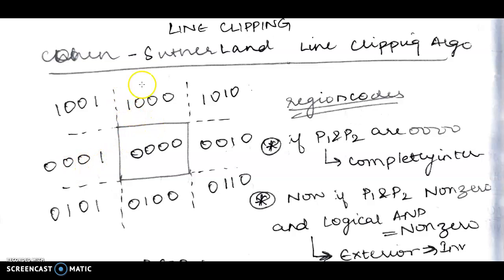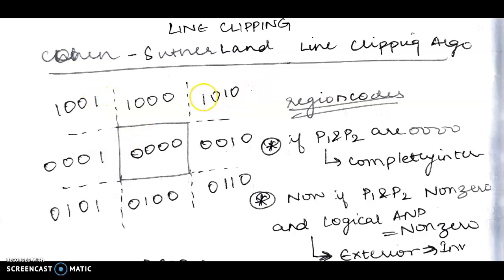So you can consider these as 4-bit codes, which you would have studied in 12th standard. And you should also consider whatever is in the corners. Suppose you take this region, it is in the top left-hand side. So you will take it as 1 0 0 1. The 1 will be on the first bit and 1 will be on the last bit.